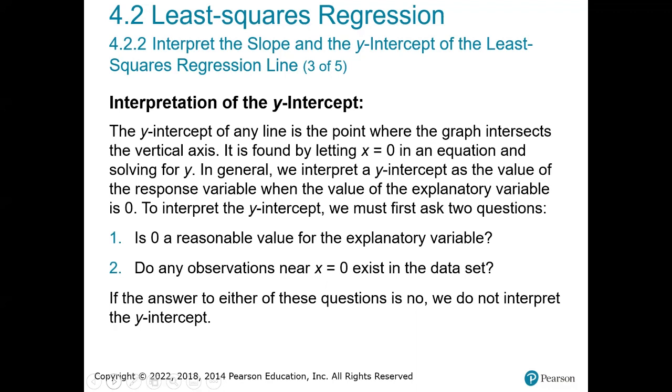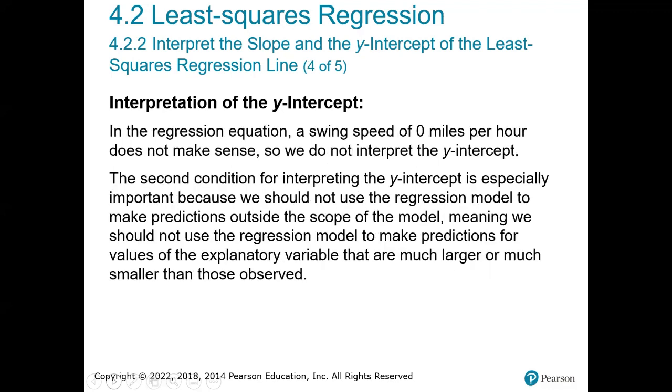The second question we can ask ourselves is, is 0 a reasonable value to plug in? Does it make sense to plug in 0? If we answer no to either of these questions, we can't do it. So when we work with swinging a golf club, does it make any sense to swing a golf club with no speed? No, it makes no sense. I would never do that. So there are no x values close to 0, and it makes no sense to discuss the y-intercept there.